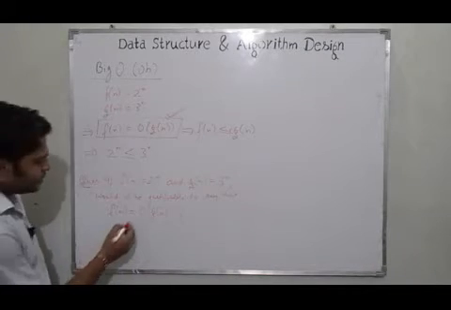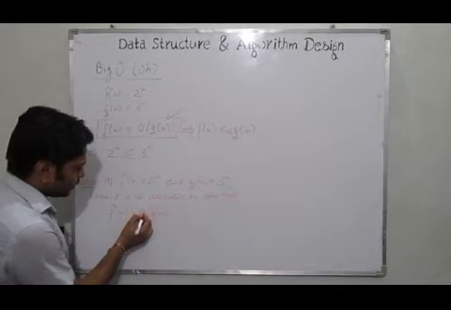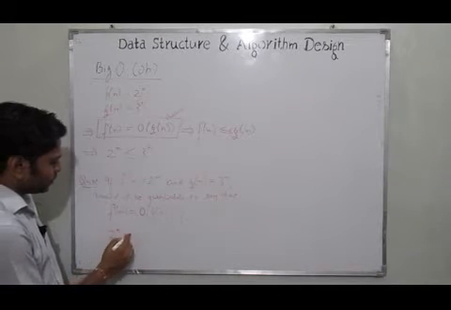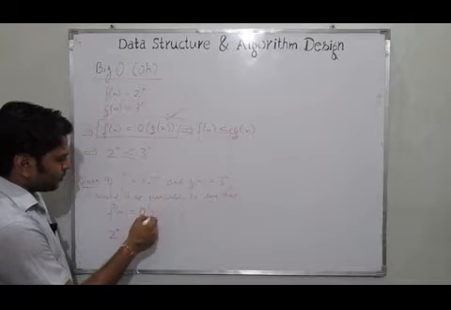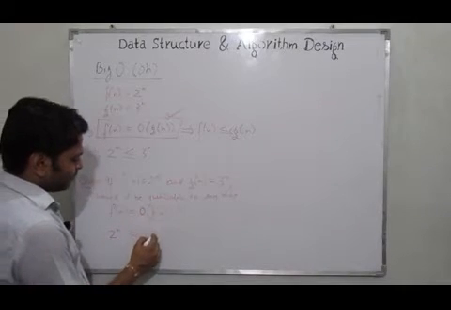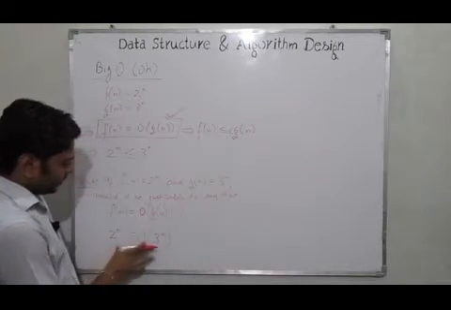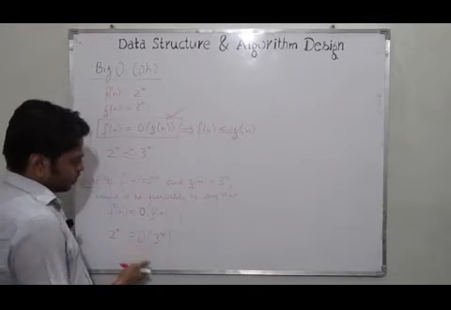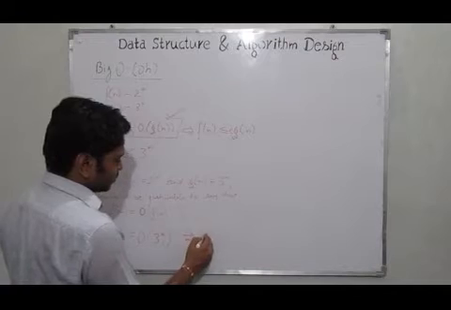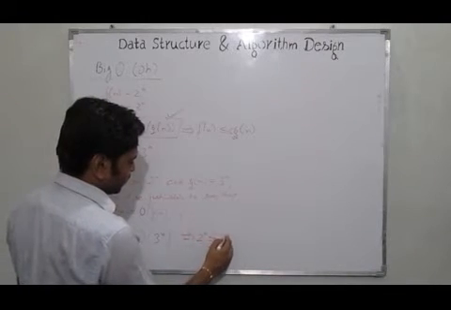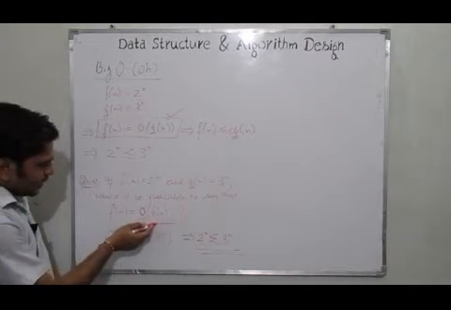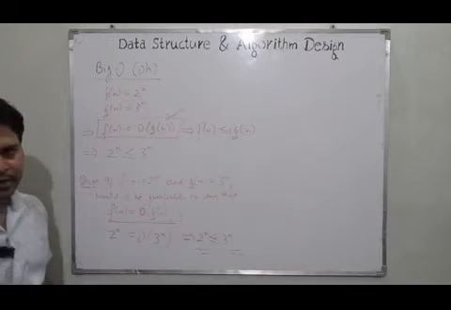It is clear that the value we have for fn is 2n, and for gn we have the value 3n. Fine. So we can simply observe that 2n is less than or equal to 3n, which is totally justifiable. Hence this expression is true here.